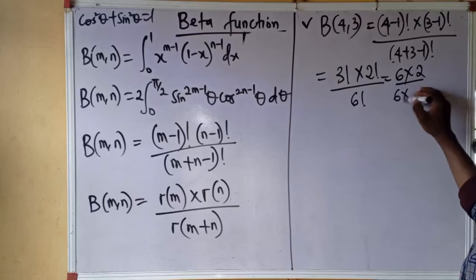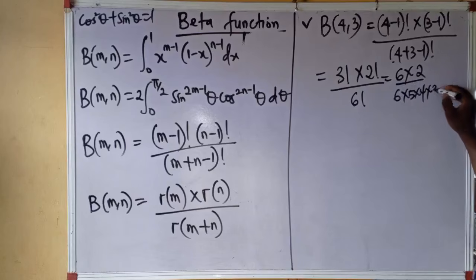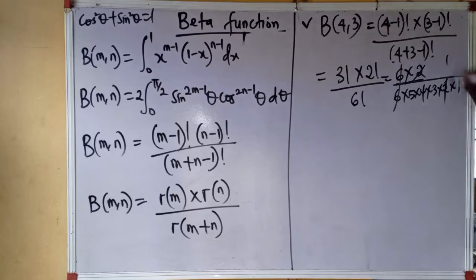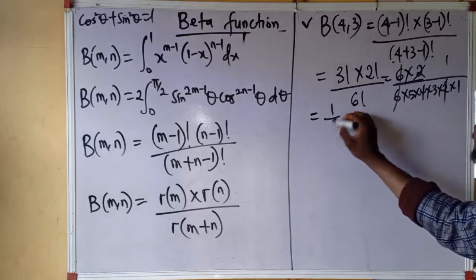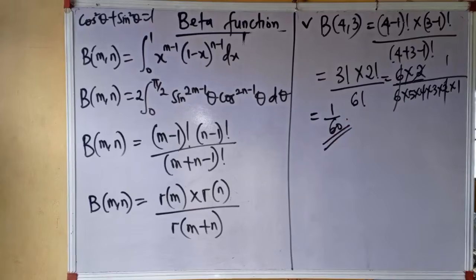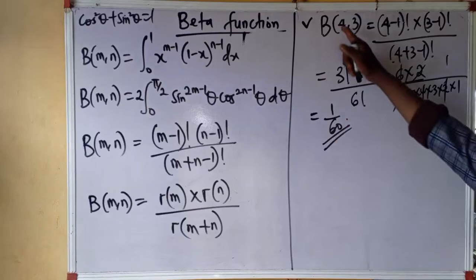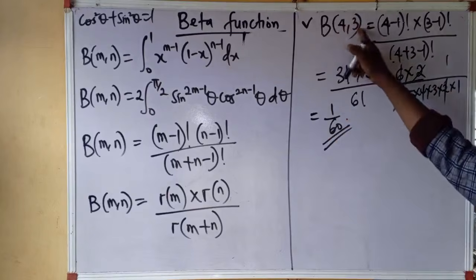And 6 factorial is 6 times 5 times 4 times 3 times 2 times 1. 6 take away 6, 2 cancel 2. So we have 1 left at the top. 5 times 4 is 20 times 3 is 60. So we have 1 over 60 as beta of 4 and 3.